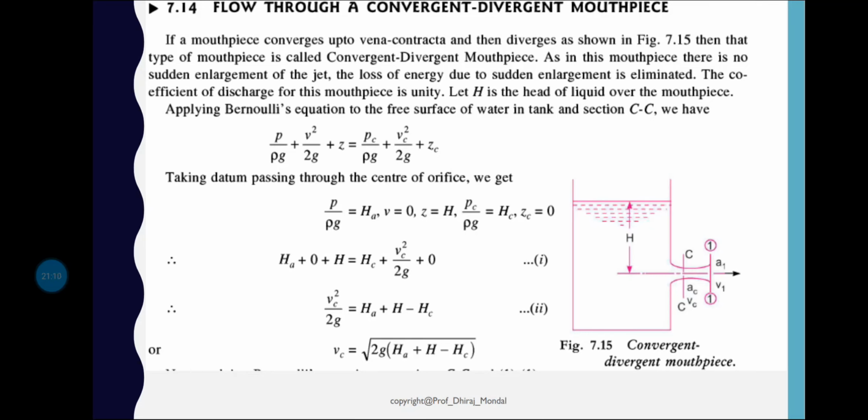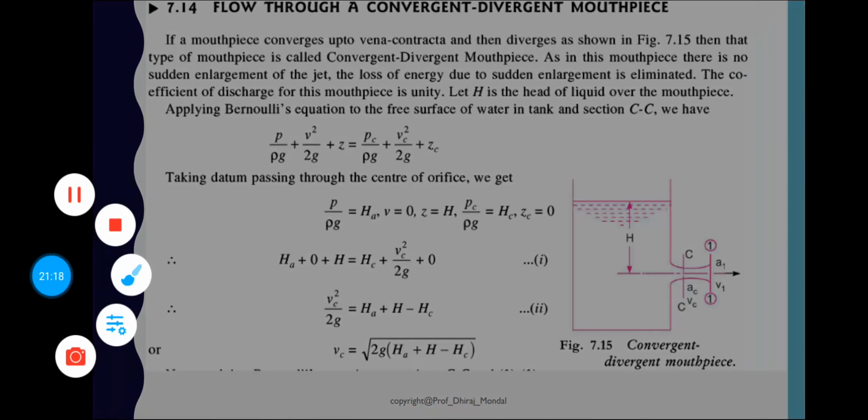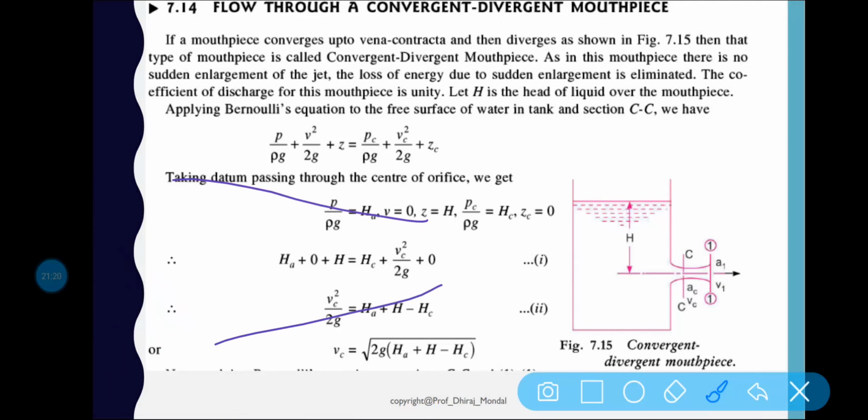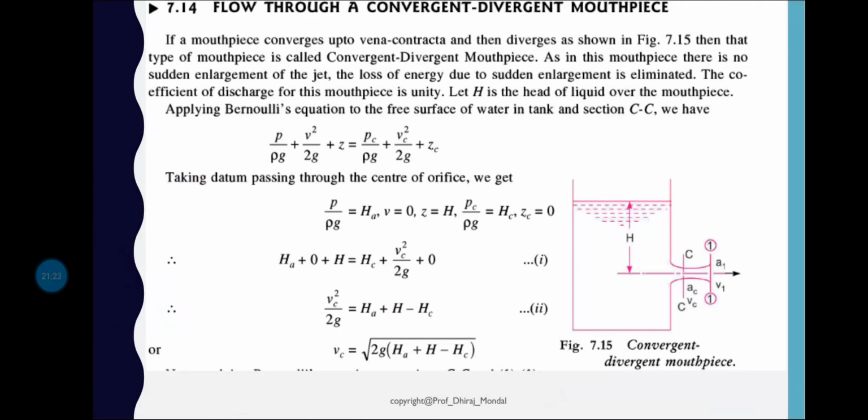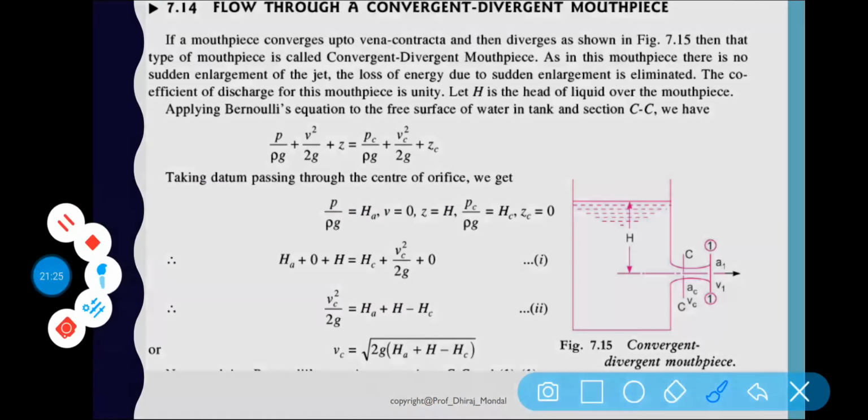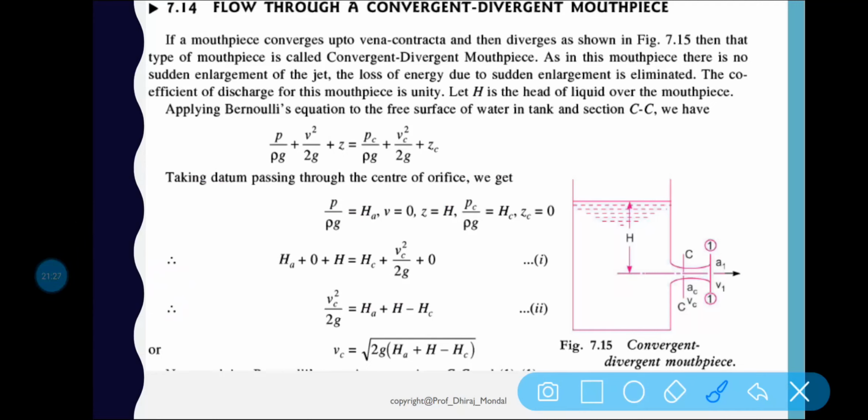Now let us discuss the flow through a convergent divergent mouthpiece. Convergent divergent mouthpiece means the mouthpiece is first converging, then diverging. The same problem, same thing here. Basically you have to put Bernoulli's equation between point CC and the free surface.